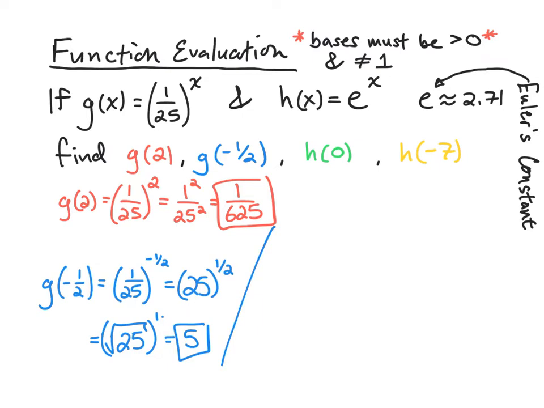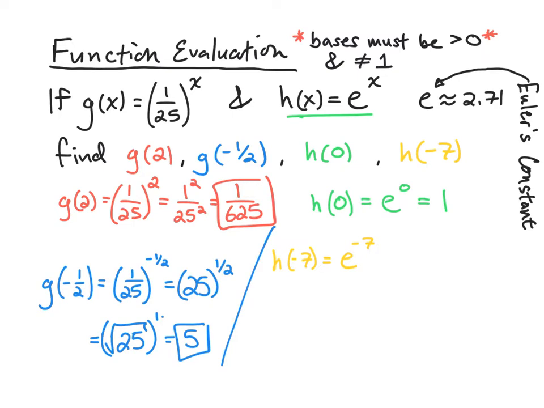All right, next, h of 0. That would be e to the 0 power, which, luckily for us, is just 1. And lastly, we can find h of negative 7. And that is going to look like this, e to the negative 7 power. But again, we can't have the negative.